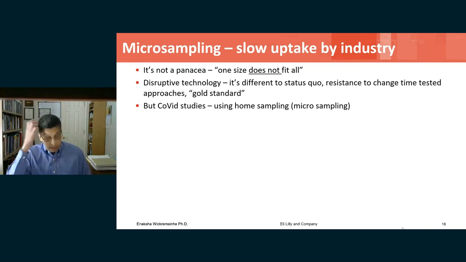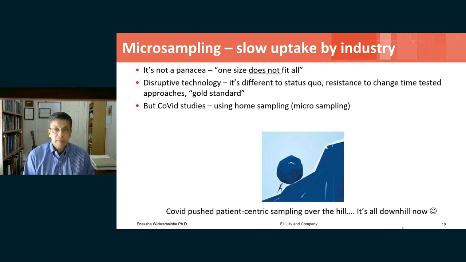Vacutainers were invented in the late 1940s, early 1950s, so they've been around for 70 years now. And nobody wants to change that, right? But as I said, COVID did play a huge role in moving that needle and making people more comfortable with alternative ways of doing things, including collecting or testing blood samples at home.